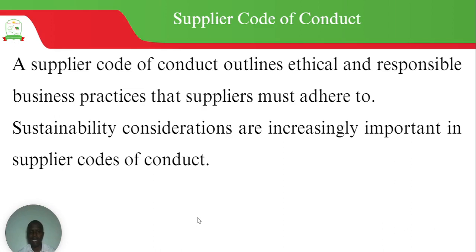These are like guidelines that if you are to be our supplier, or a supplier to organization X, there are things that you must respect. So they are put in writing, and it is part of the documents that we could also have suppliers sign. It is a show that they are going to adhere to them.